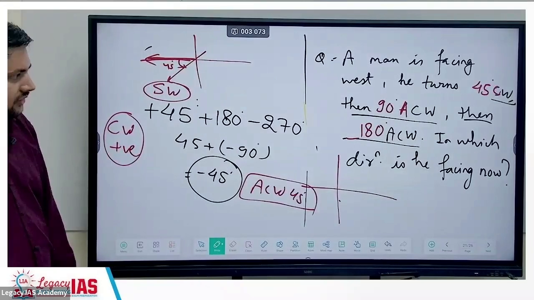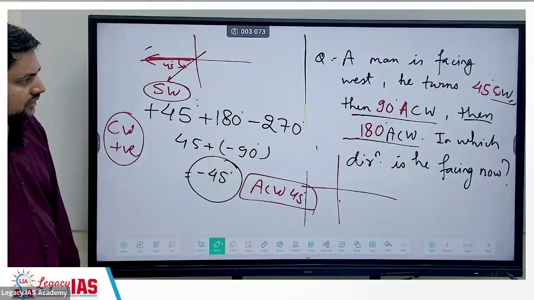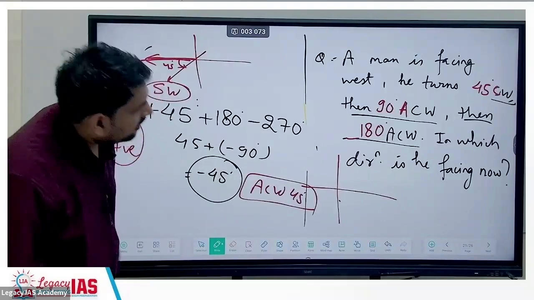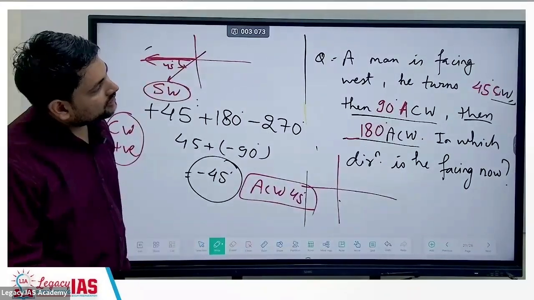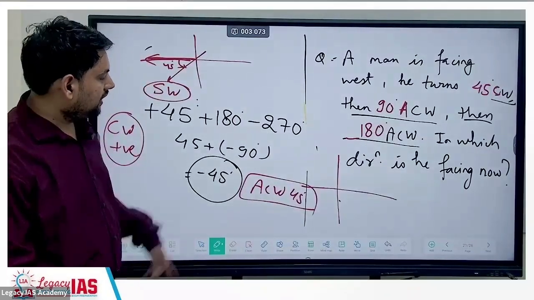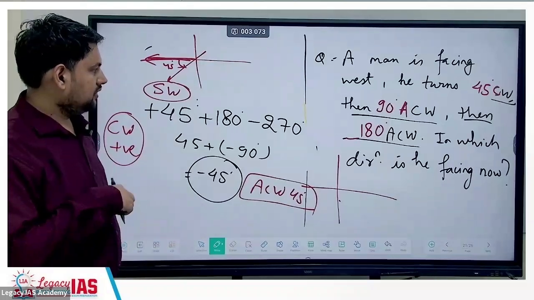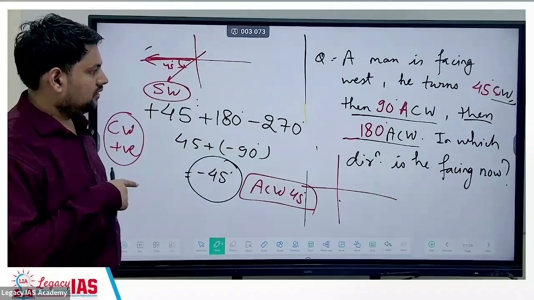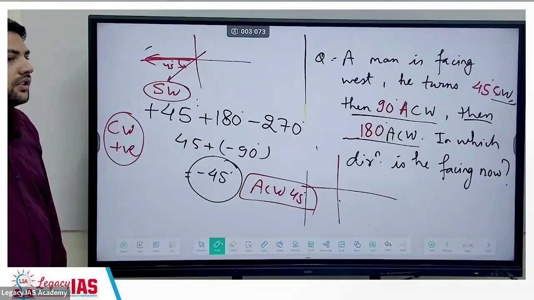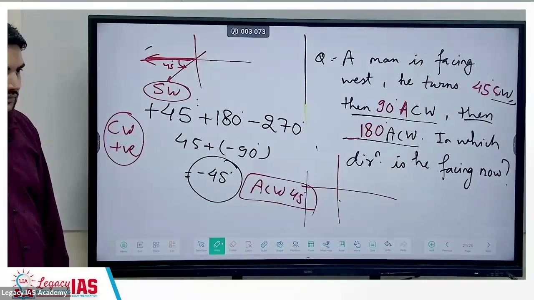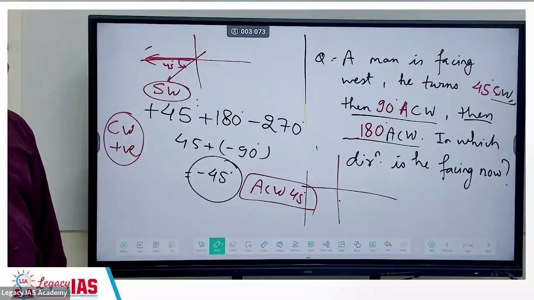Same it has come. Okay. No, it should not come minus 45. It's anti-clockwise 270 degree and clockwise 45. So it's turned 225 degrees anti-clockwise. Sir, it is back to minus 45, sir. It's the same. It will be southwest only. Yeah, fine. We'll see. Yeah, I think northeast. Northeast. Oh, okay. That's anti-clockwise.